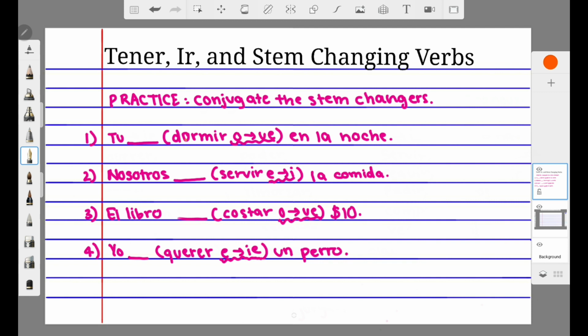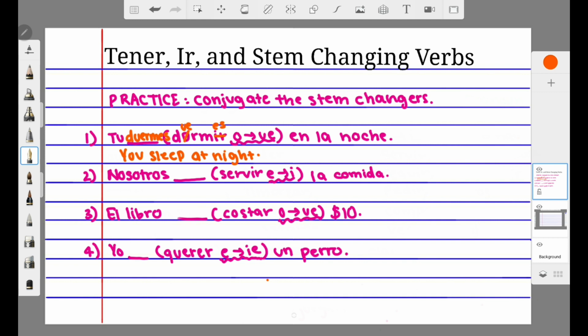Okay, so the first thing we have to do is change this to the UE, and then it's tú, so duermes. This means you sleep at night.